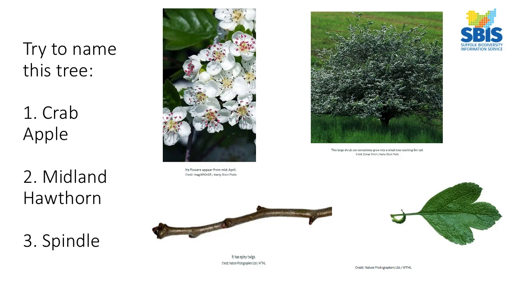It forms a large shrub that can sometimes grow into a small tree reaching about 8 meters tall. It has spiny twigs, and it has this 3-lobed leaf, which is glossy and deep green. So I'll just give you a moment to have a think about which option you think it might be.